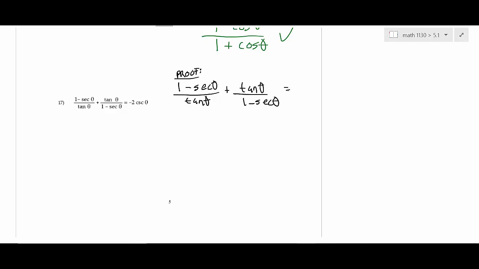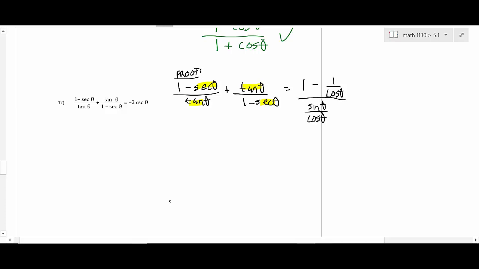So in this step I'm going to use identities on those 4 things right there. I'm going to have you change that secant to 1 minus 1 over cosine theta, like that, and then we're going to write that tangent as sine theta over cosine theta.